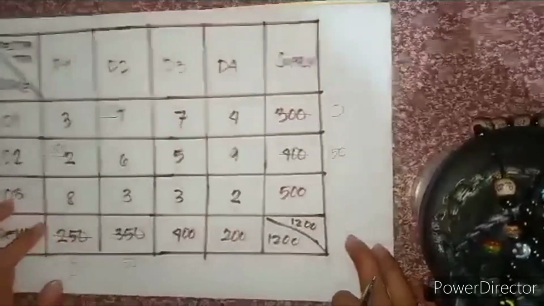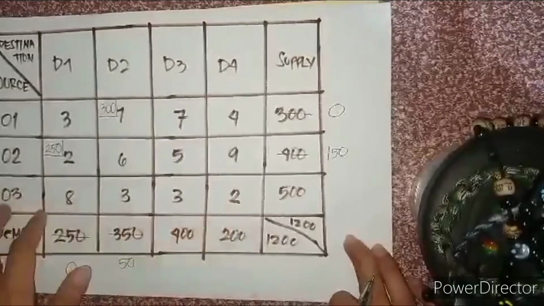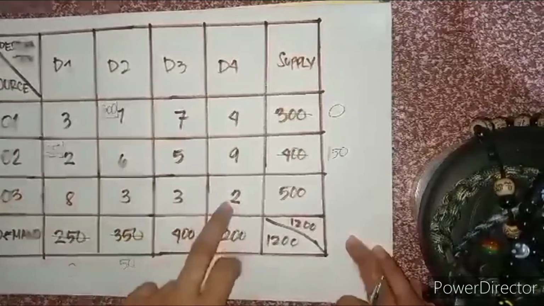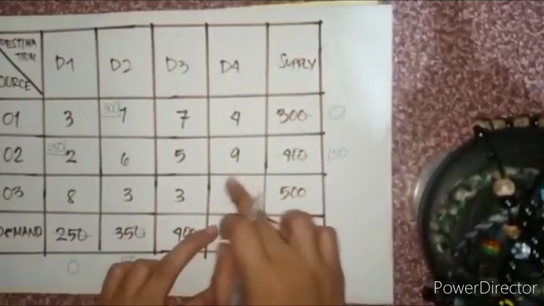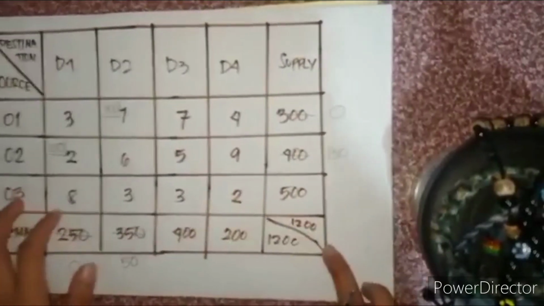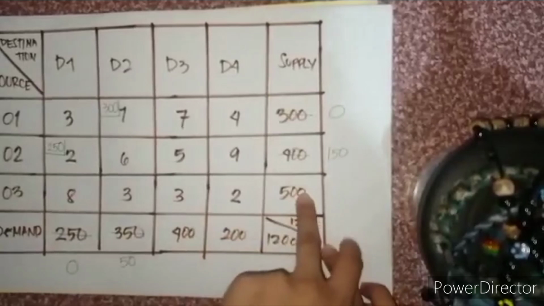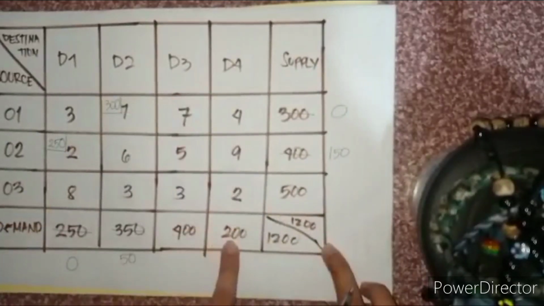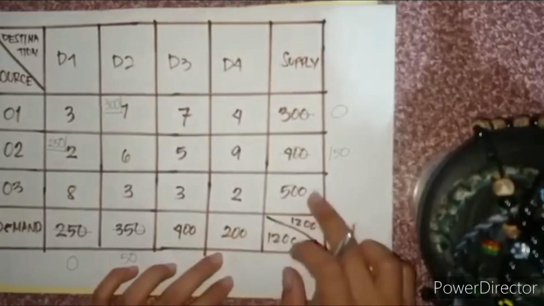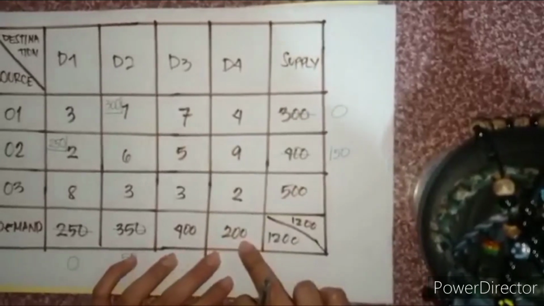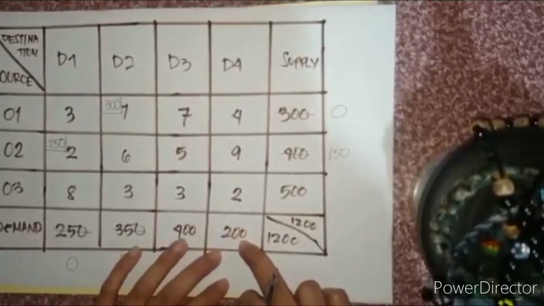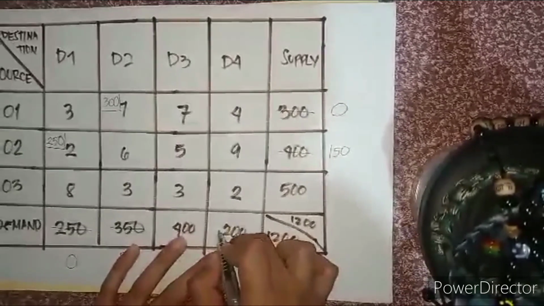So let's jump to 03. And for D4, we have a cost of 2. In source 03, we have the supply of 500, and for D4, we have the demand of 200. Of 500 and 200, which has the minimum value? 200 is the minimum value.